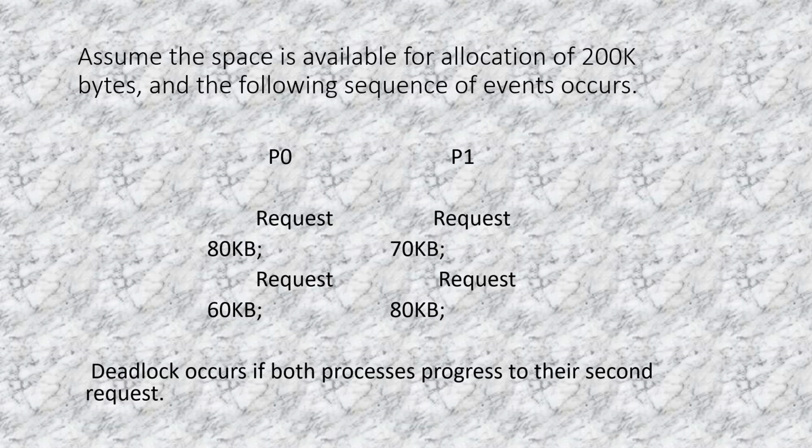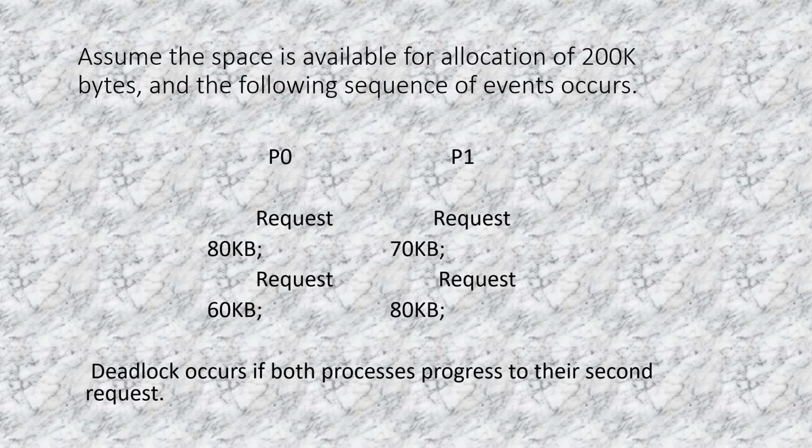The sequence of events is as follows. Process P0 requests and presumably receives 80 KB of memory. Process P1 requests and receives 70 KB of memory. Process P0 again requests 60 KB of memory and process P1 requests an additional 80 KB of memory.